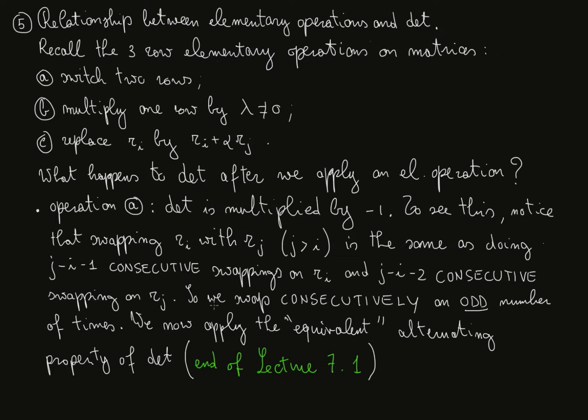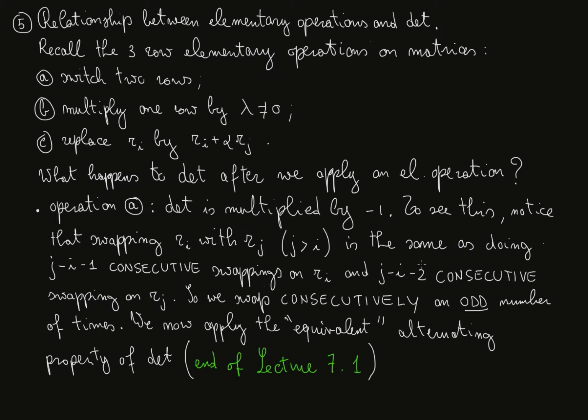I remind you that the alternating property had an equivalent form, see the end of lecture 7.1, and this equivalent form stated that if we swap 2 consecutive rows, then the determinant will be multiplied by -1. Okay, just one swapping means multiplying the determinant by -1.